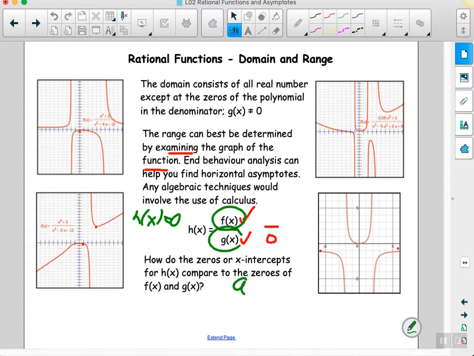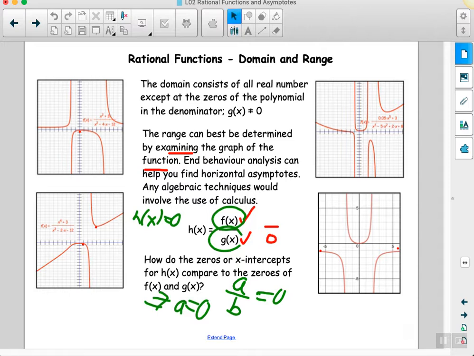And if we have a fraction of the form a over b, if we want that to be 0, then that's going to imply that a must be 0. So what will happen here is that h at x is going to have its zeros wherever f at x has its zeros.